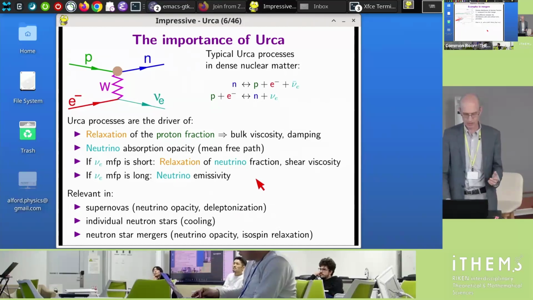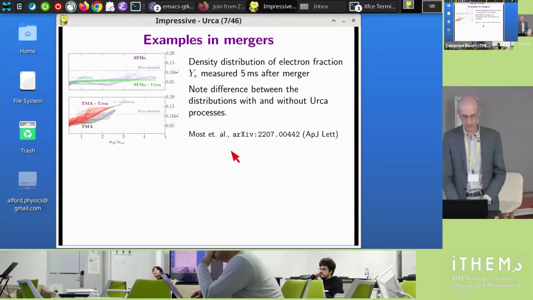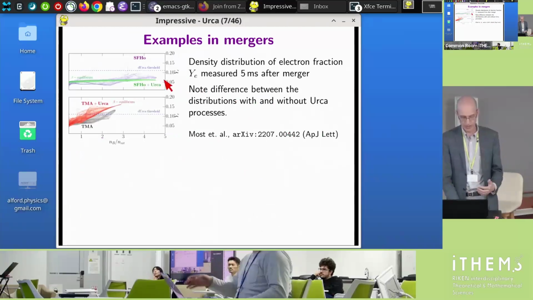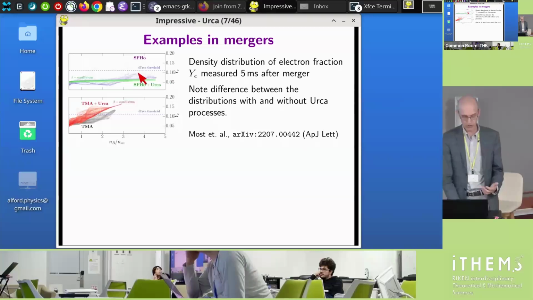Okay, so some examples here. This is a simulation of a merger that was done a few years ago, and it was done with Urca processes and without. Without is gray dots here, which is measuring the electron fraction or the proton fraction up the side here, and the density along the bottom. But I'm not going to go through it in detail.